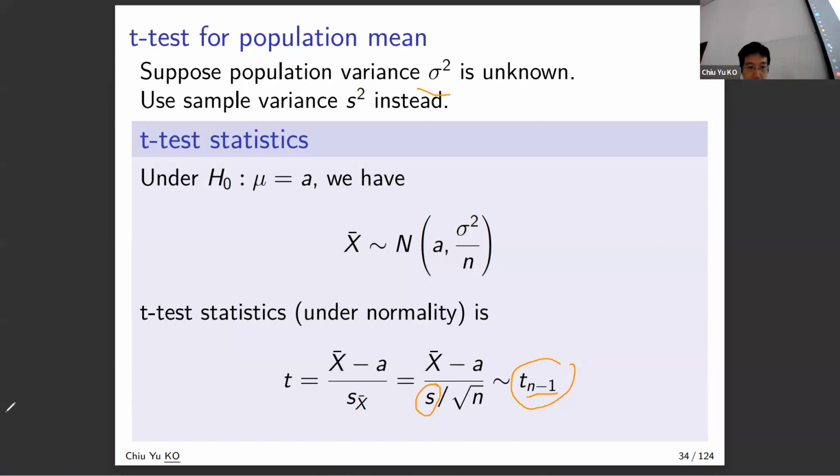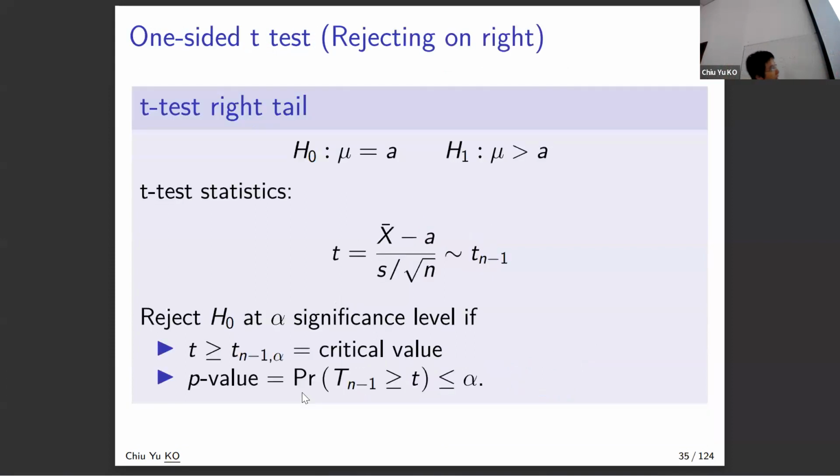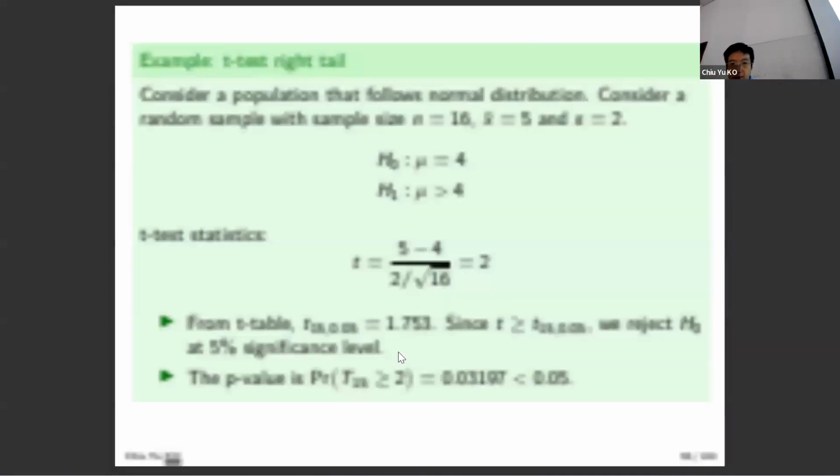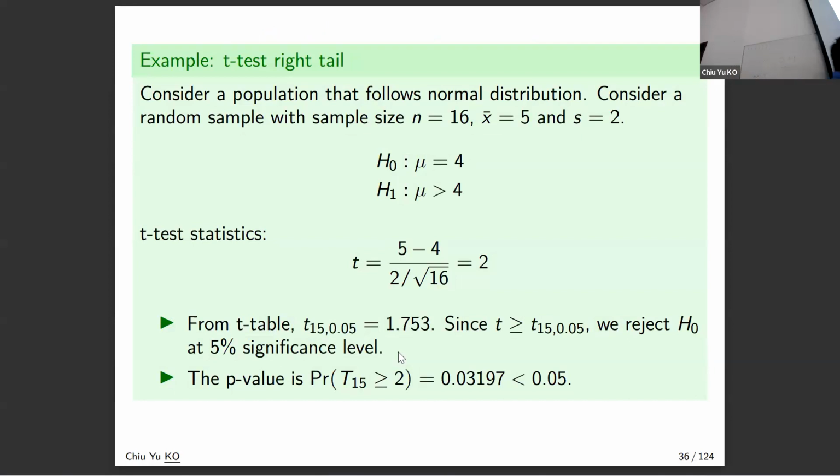Okay, so let's go to the example slowly. Again, we will do one tail, right hand side, left hand side, two tail. Exactly the same procedure. We do it slowly, one by one. Now we have less data, less information. So we assume the population follows normal. That is an important assumption.